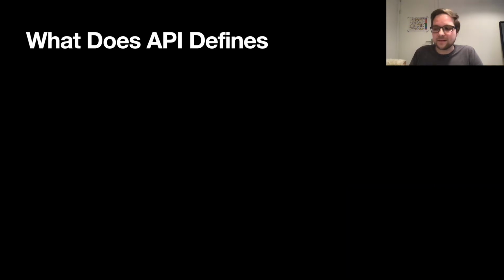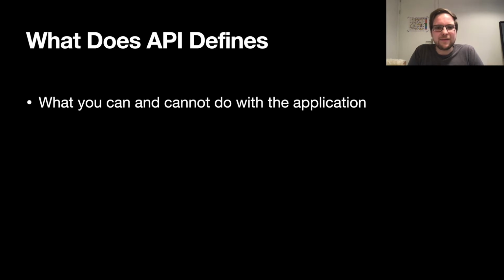And so the API defines a few things. It defines what you can and cannot do with the application. Sometimes you don't want other external users to do everything. Like Facebook will not allow you to delete users. It doesn't make any sense, even if you're a developer developing an app that uses the Facebook API.